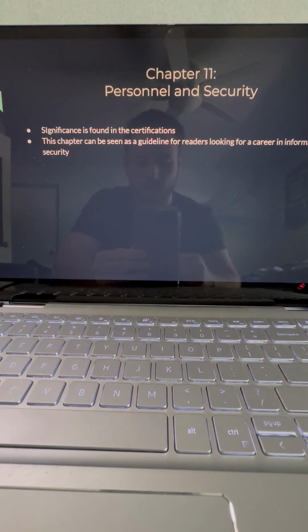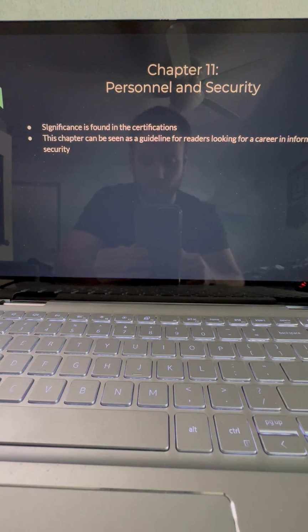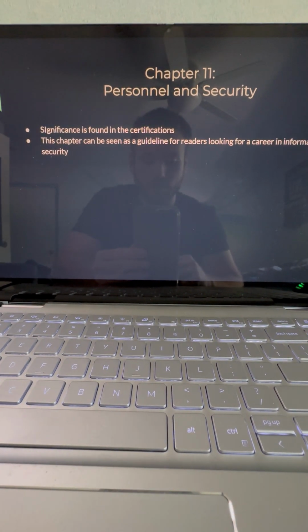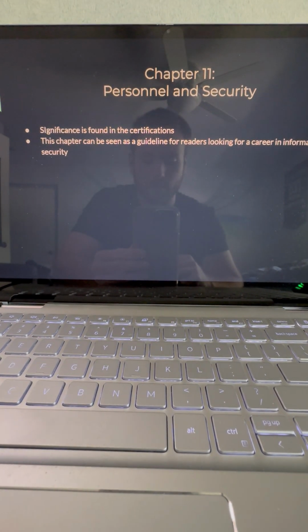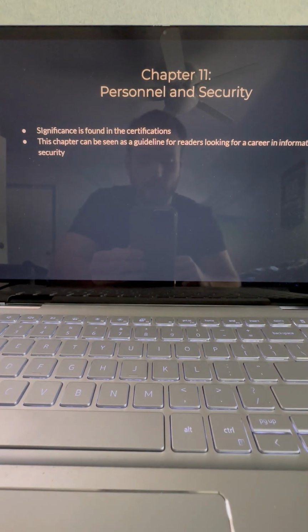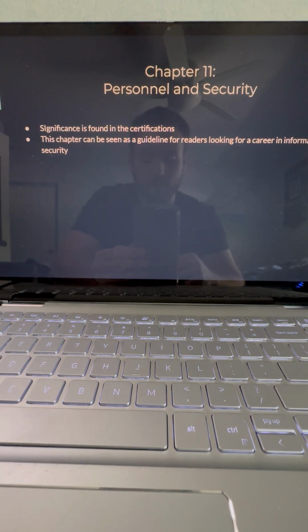In Chapter 11, we look at personnel and security, and the significance is found in the certifications. So certifications are one of the most surefire ways to prevent resume fraud and increase the likelihood of hiring a competent InfoSec employee. The CISSP is widely regarded as a benchmark for experienced InfoSec professionals.